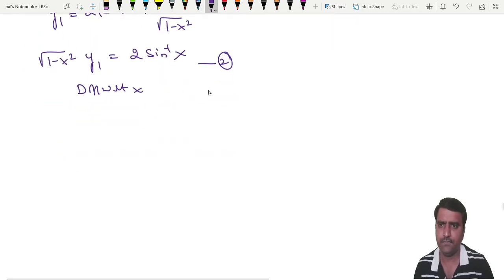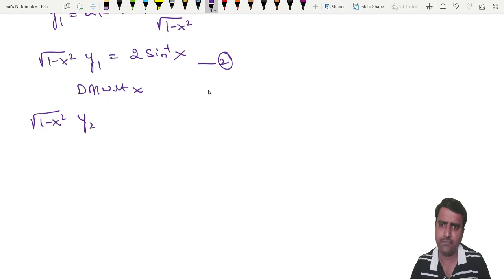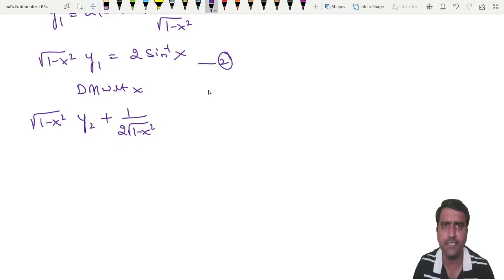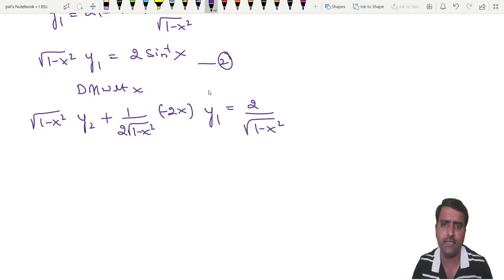So differentiation of this gives root of 1 minus x square into y2, plus differentiation of root of 1 minus x square, which is 1 by 2 root of 1 minus x square, again differentiation of 1 minus x square is minus 2x, into y1 as it is, which is equal to 2 into differentiation of sine inverse of x, which is 1 by root of 1 minus x square.